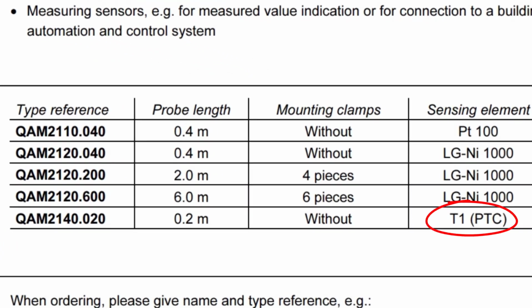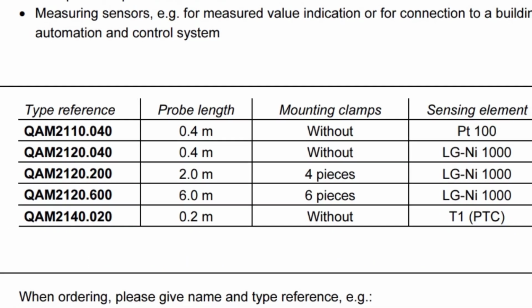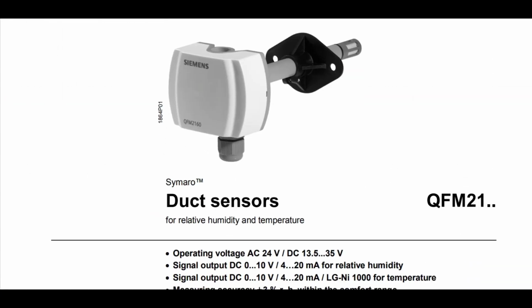PTC stands for Positive Temperature Coefficient. As the name suggests, Positive Temperature Coefficient thermistors, or PTC for short, have resistance that will increase as their temperature goes up. So we can already tell which one is the passive sensor.